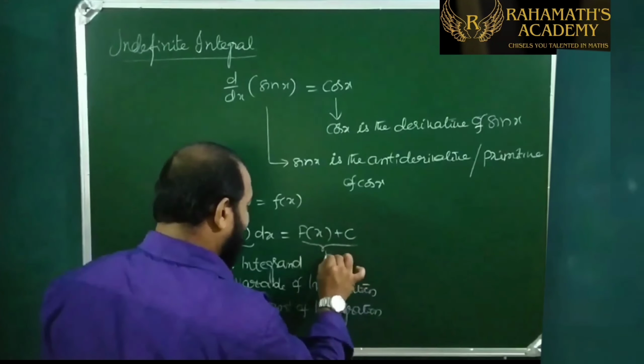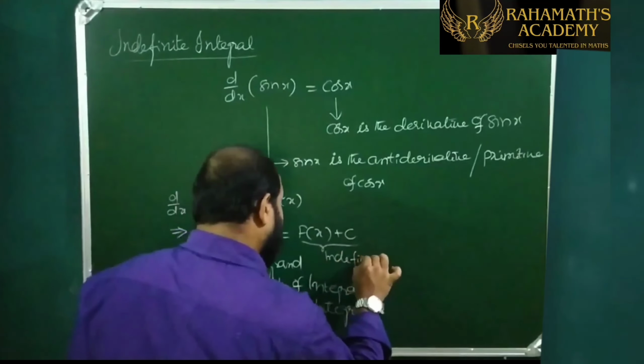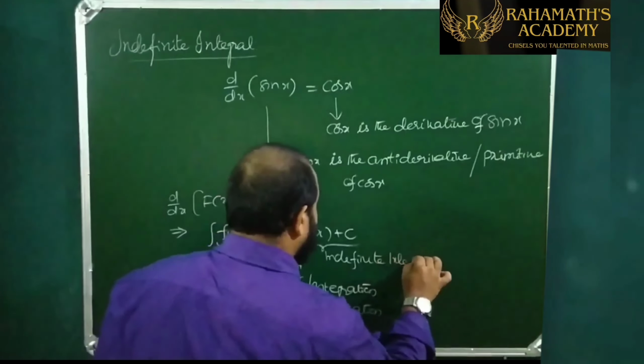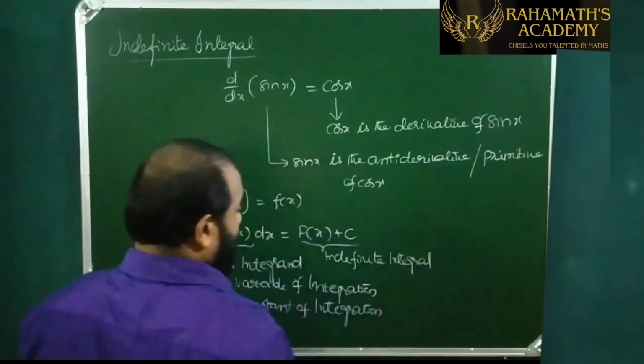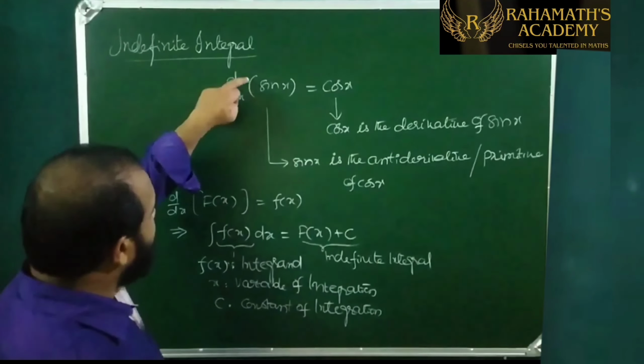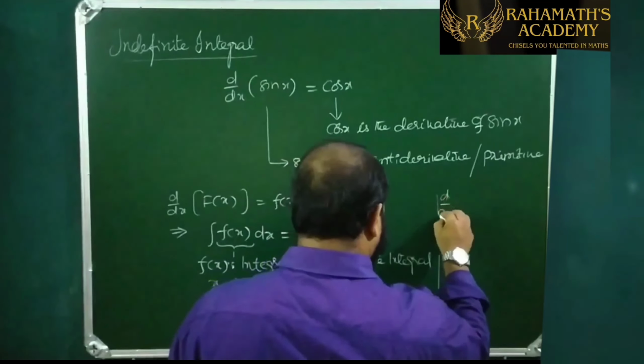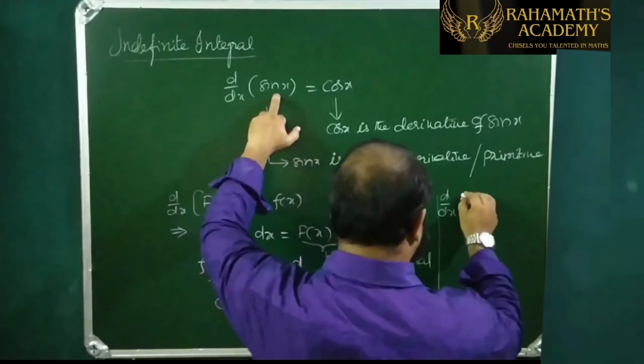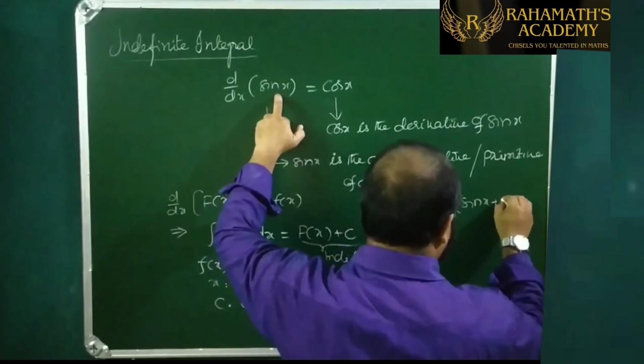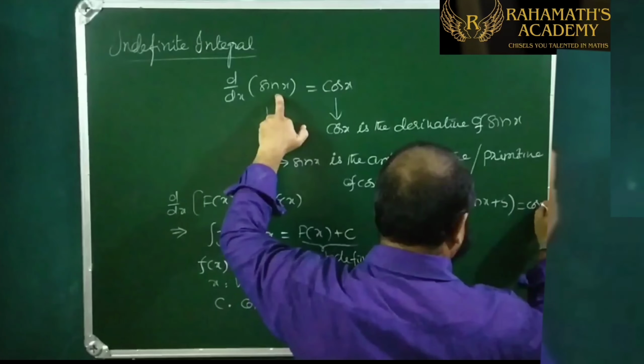This is the indefinite integral. Not only is d by dx of sin x equal to cos x, but if I take d by dx of sin x plus 5, it is still cos x.